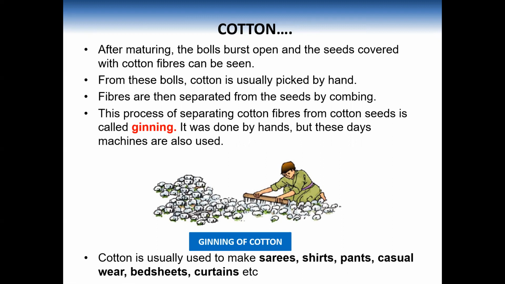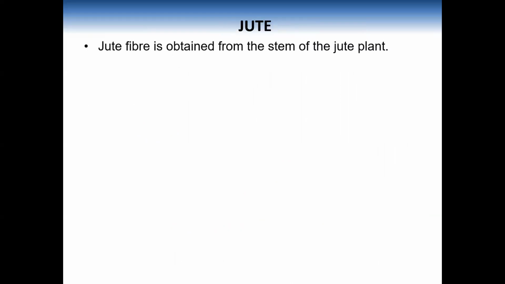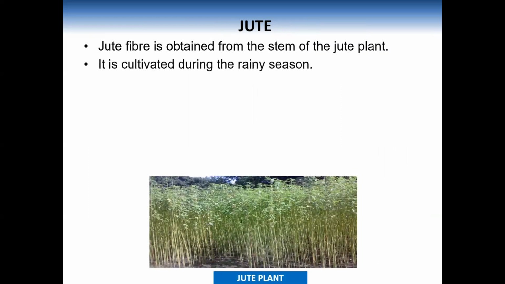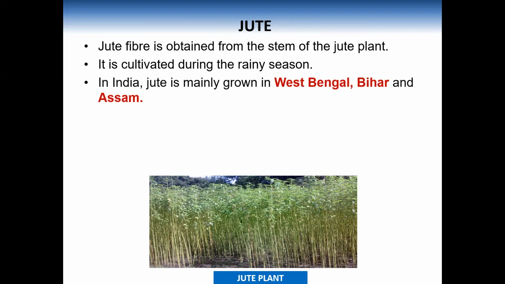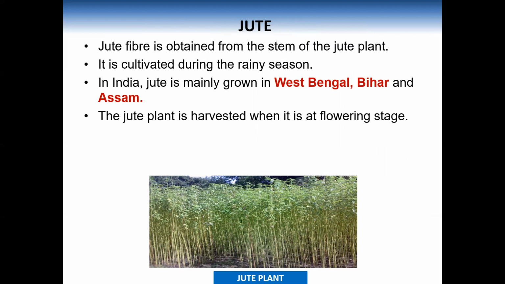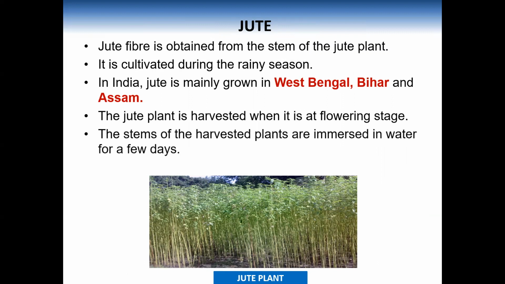Now we will be discussing jute. Jute fiber is obtained from the stem of the jute plant. It is cultivated during the rainy season. In India, it is mainly grown in West Bengal, Bihar, and Assam. It is harvested when it is at flowering stage. The stems of the harvested plant are immersed in water for a few days.